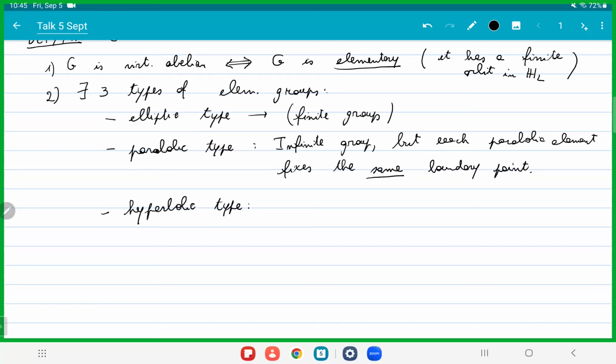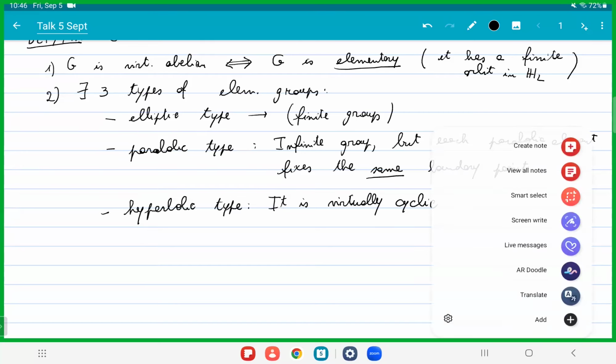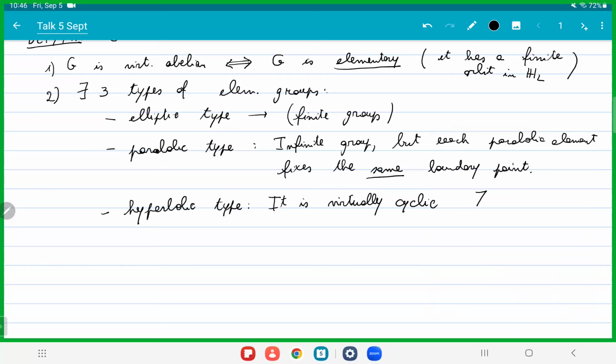In this case, this is a kind of peculiar group. It's always virtually cyclic. Virtually cyclic means that it contains a finite index subgroup that is isomorphic to Z. And not only this, but this Z is generated by a hyperbolic transformation.